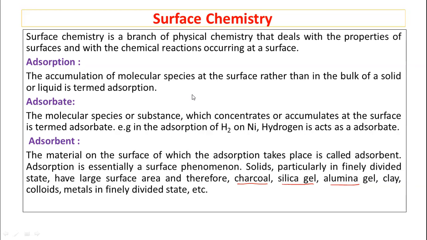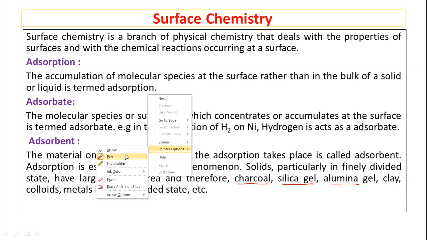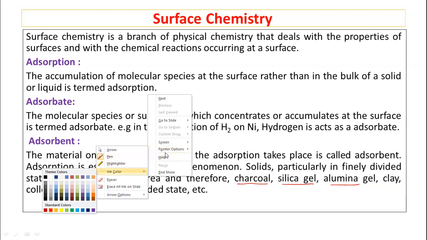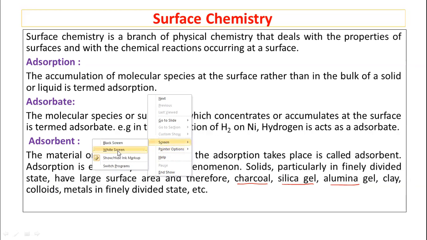So let us show this adsorption phenomenon on another screen. You can see here, suppose we consider a nickel metal. It acts as the adsorbent, and on the surface of this nickel, hydrogen gas gets adsorbed.